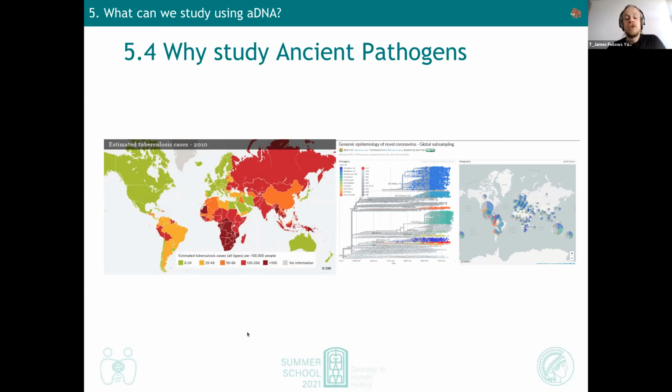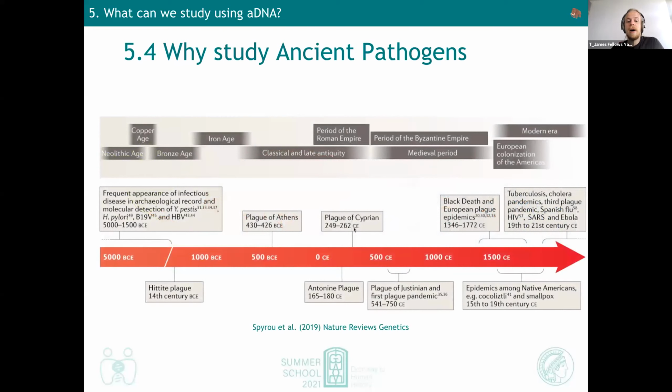That these are not new diseases is quite important because you want to ask how the bacteria change over long periods and how they are adapting through various stages of evolution. In this summary graphic, you can see there have been many historically recorded plagues and epidemics.